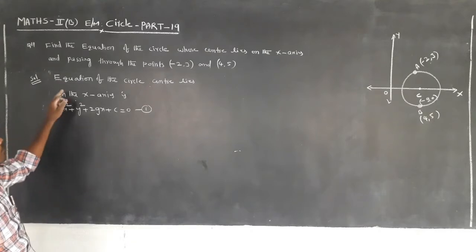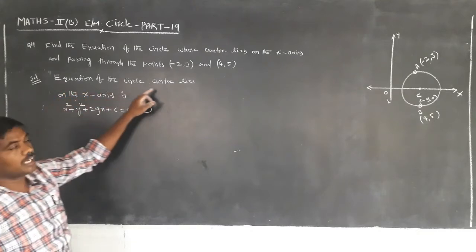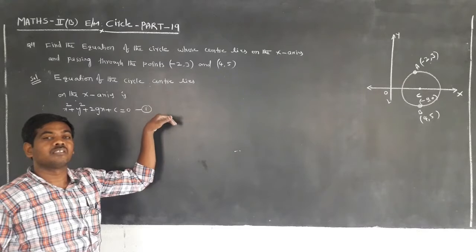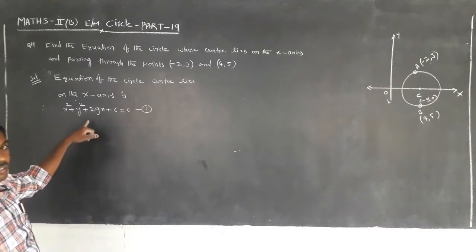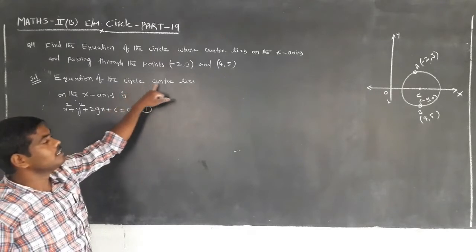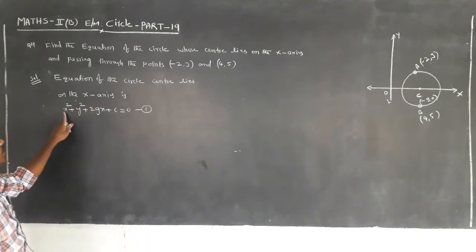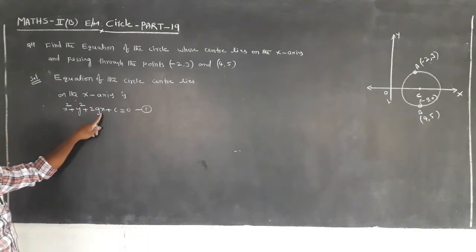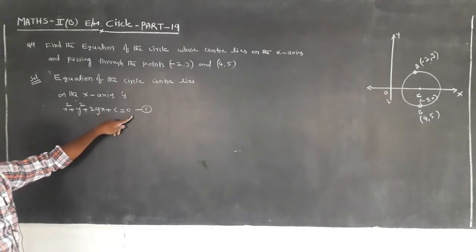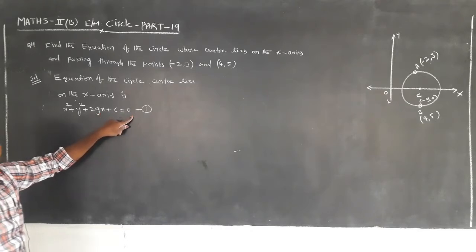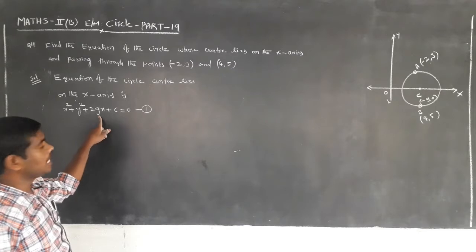Here we require the equation of the circle whose center lies on the x-axis, which is x square plus y square plus 2gx plus c equal to 0. Here we find the unknown constants g and c.